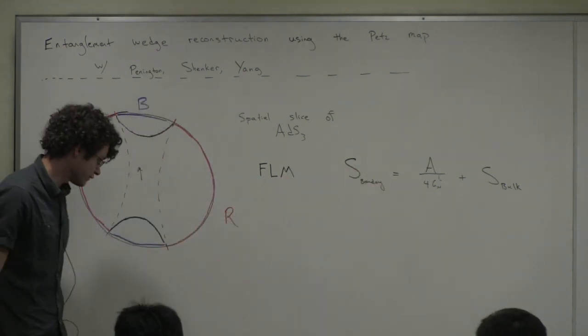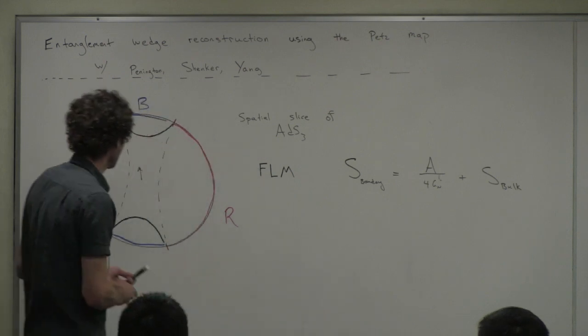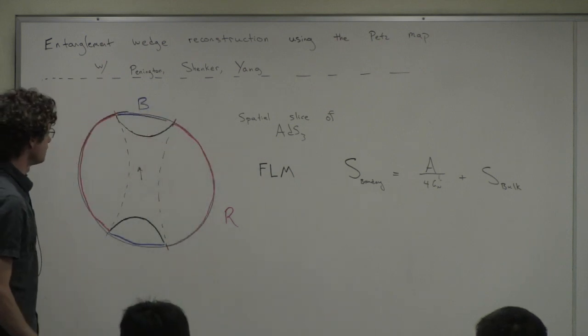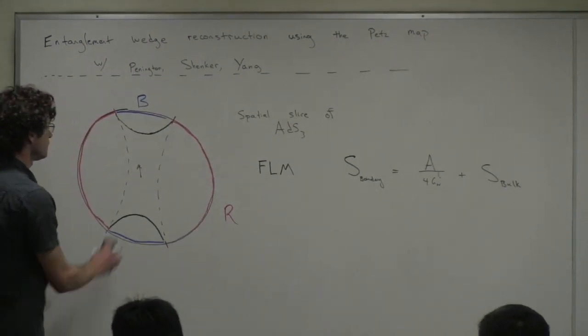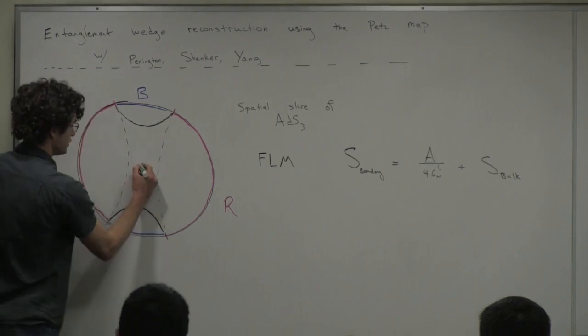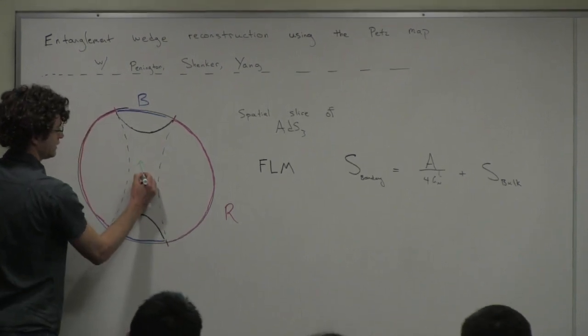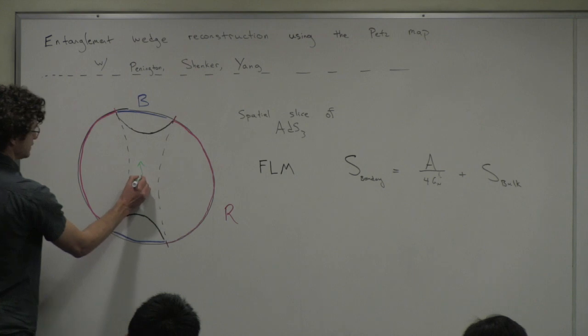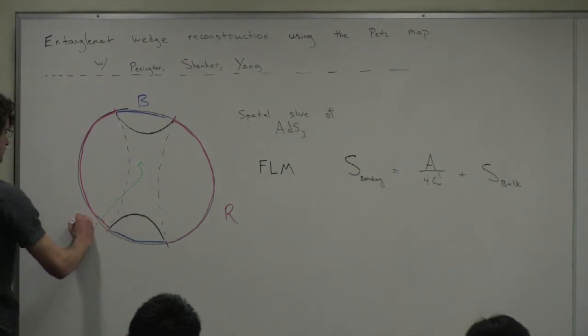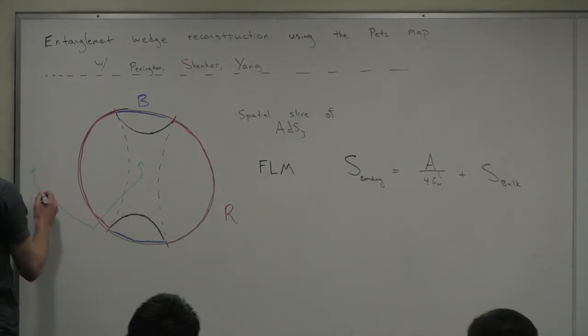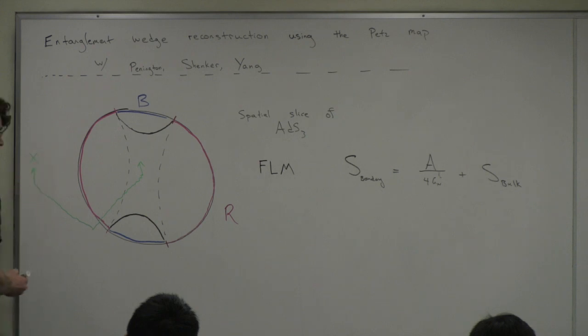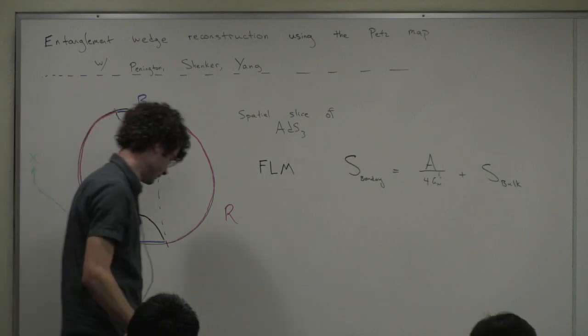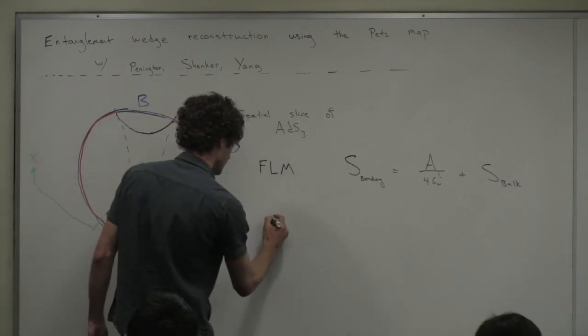It settles the question in the following way. Let's take this spin here. I'll draw it green. And let's put it in an entangled state, where it's entangled with some other system we'll call X.